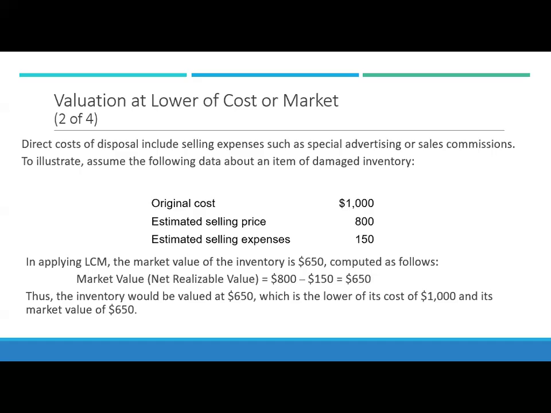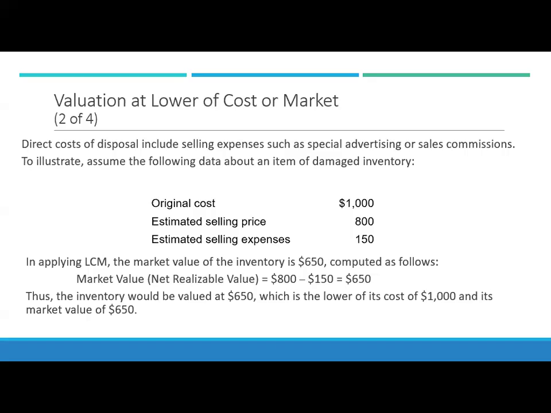And for this example here, the item originally cost $1,000. Obviously, initially, we purchased this item for $1,000 and we thought we could get something more than $1,000 for it. Because in retail, we're not in the business of buying things and then selling them for a lower price. That just does not work fundamentally as a retail business.